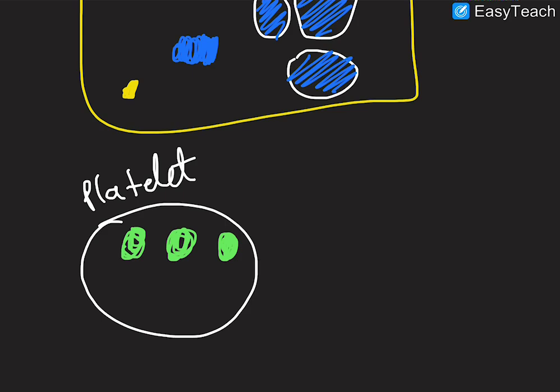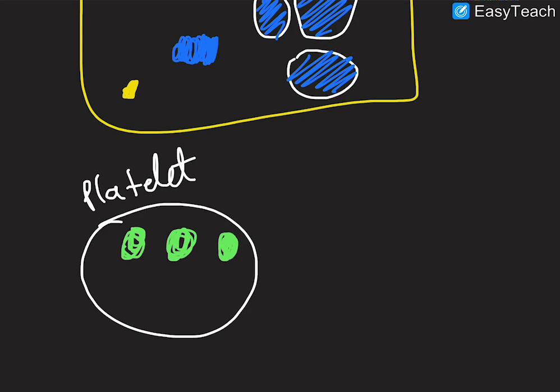But in order for these granules to properly work, you need proper microtubule function. But in Chediak-Higashi, again, remember, you have a microtubule dependent vesicle trafficking defect. There's a defect in this microtubule system.